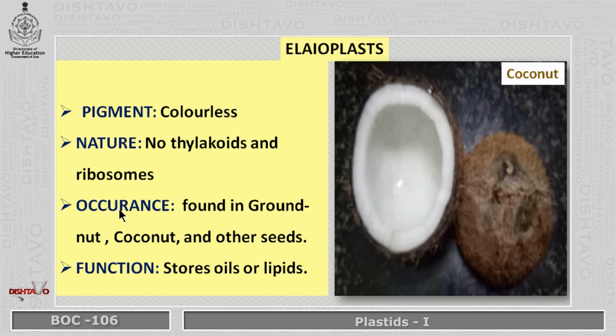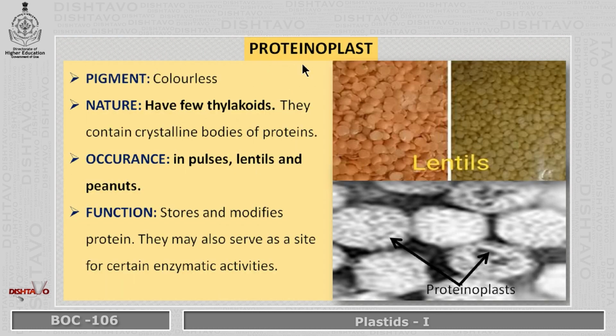If we take elaioplasts, you see them in the coconut. They are colorless, with no thylakoids and ribosomes. Found in groundnut, coconut and other seeds which have oil in them, they store oil and lipids. Proteinoplasts are colorless, though some color may remain.